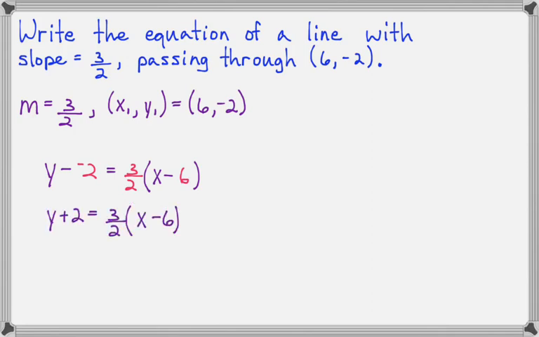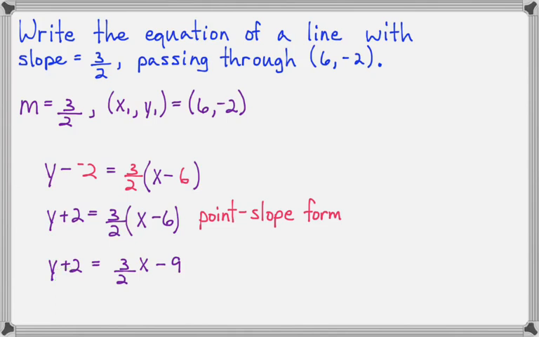So now if we fix the signs here, the minus negative is going to make plus, and that is point-slope form right there. And now if we distribute the 3/2, 3/2 times x gives us 3/2 x. 3/2 times 6 gives us minus 9, because 3 times 6 is 18, and 18/2 is 9.